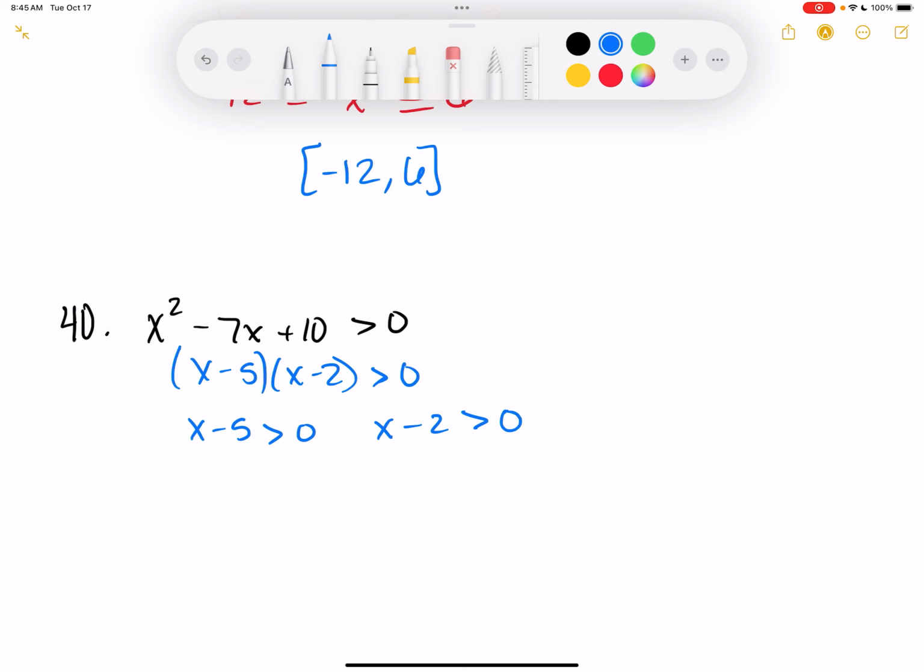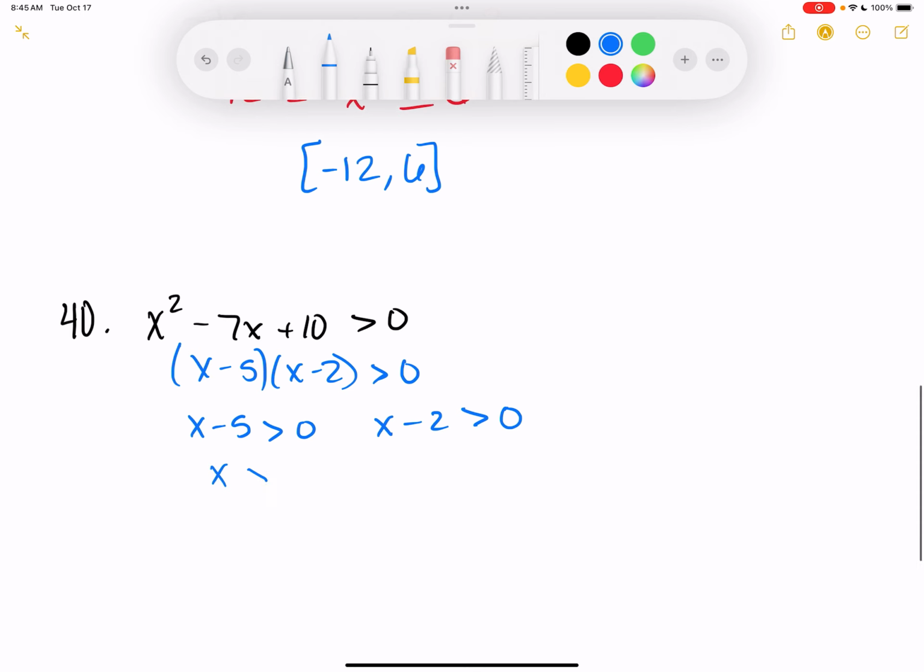So then x is greater than 5, x is greater than 2. Now, it still wants my answer in interval notation. Okay. So with this one, both of them say x has to be greater than something.